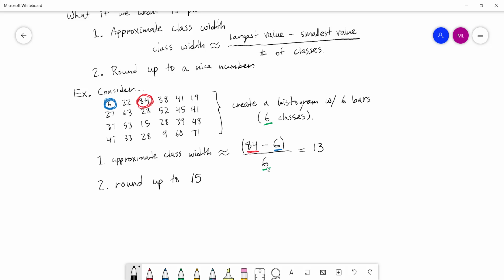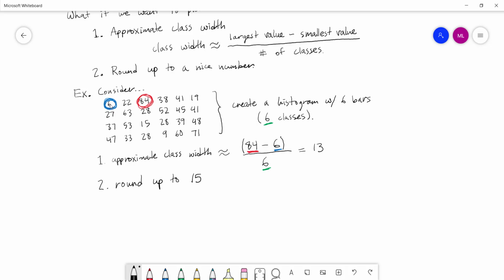So if I multiply back by the 6, we would get 78 back. So 13 times 6 would be 78. That is the biggest span of numbers that my histogram would be able to capture if I use 13. If I've got 6 groups, and each group can contain up to 13 values, then 6 times 13 gives me a span of 78 total numbers I could cover.